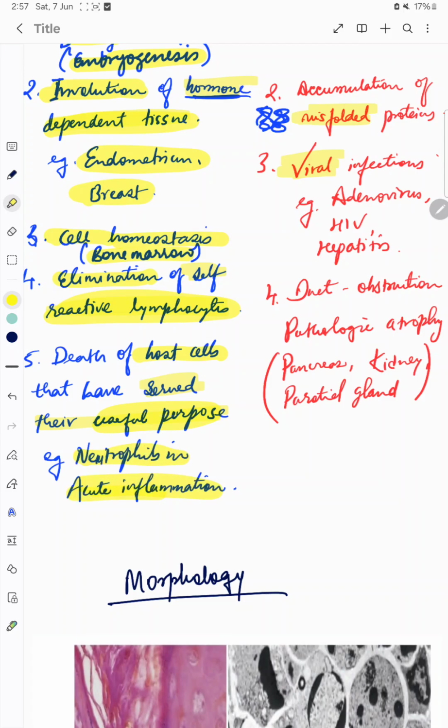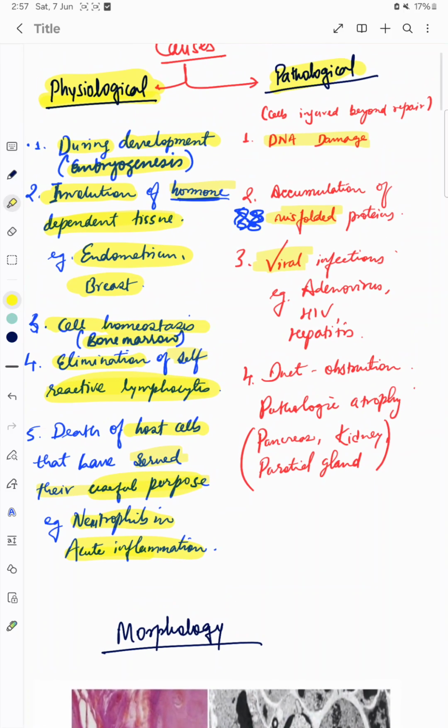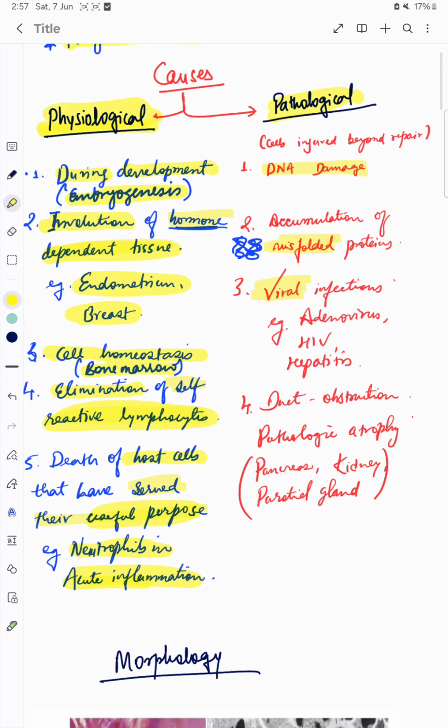Whenever their purpose has been served, they are eliminated by physiological apoptosis.